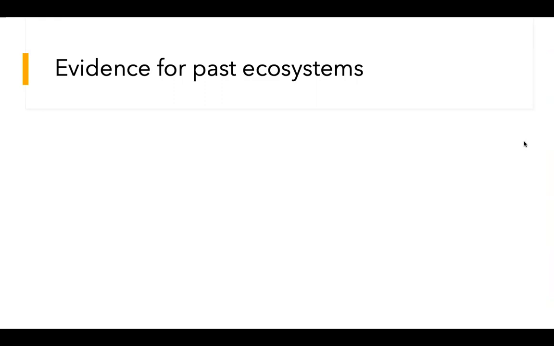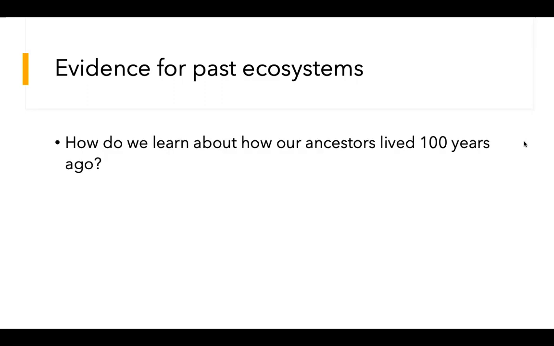Now, when it comes to evidence of past ecosystems, we need to think about how long ago things occurred. So how do we learn about our ancestors and how they lived 100 years ago? Well, we might have stories, and people who are still alive today who were alive then can tell stories.